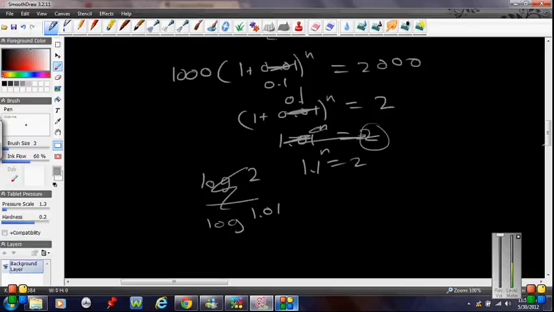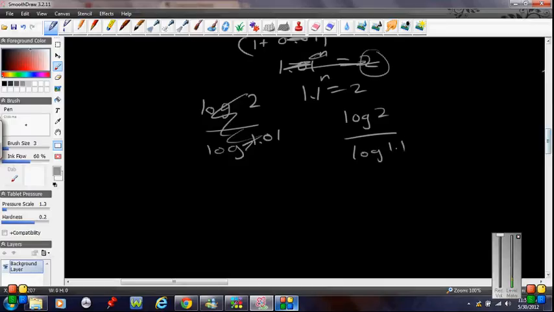And so when you log it now, what you're logging is log 2 over log 1.1, and if you solve this, you'll get your n value. So log 2 over log 1.1 is equal to 7.27 years.